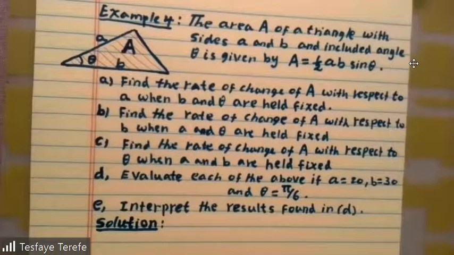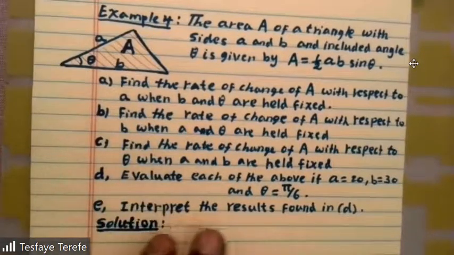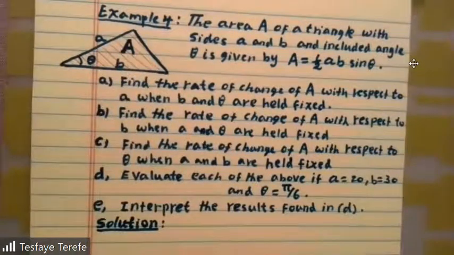Please, before you do that, answer all this. I know you can find the rate of change with respect to a, b, and theta, and evaluate those rates of change at the given values, but I am interested in your observation and interpretation of these rates of change.